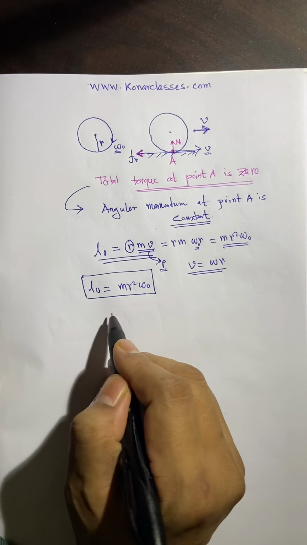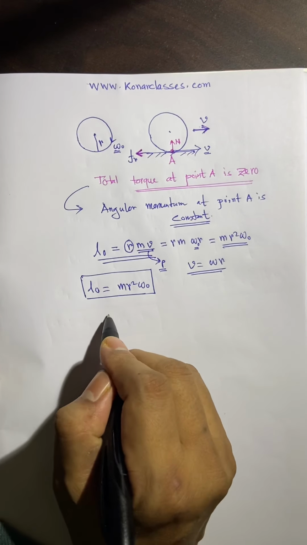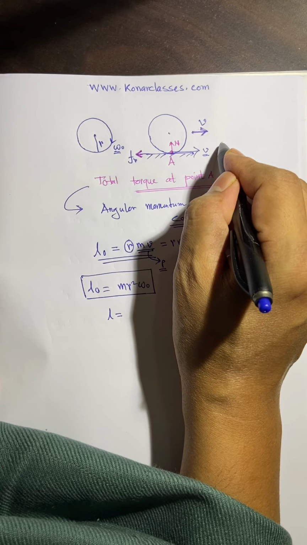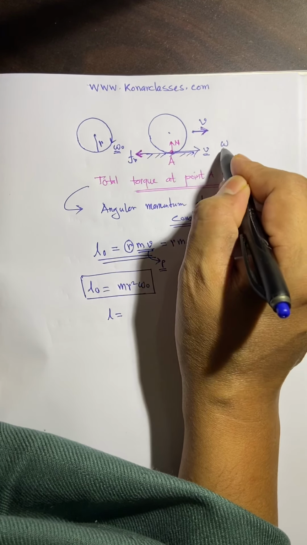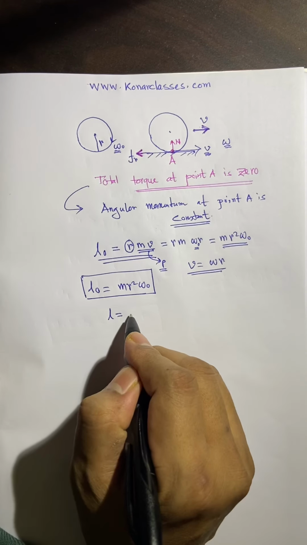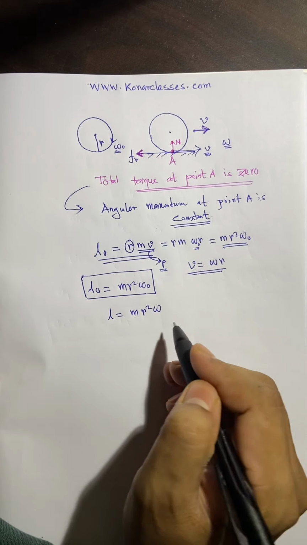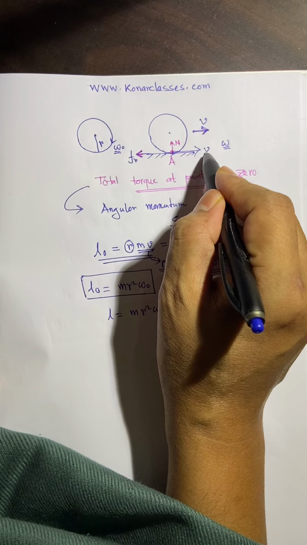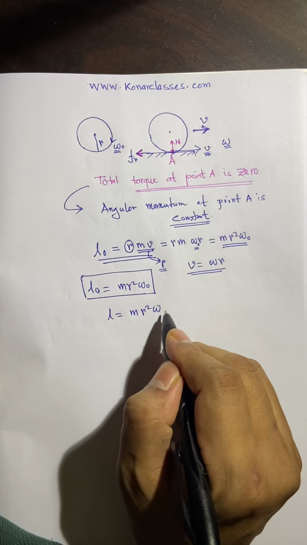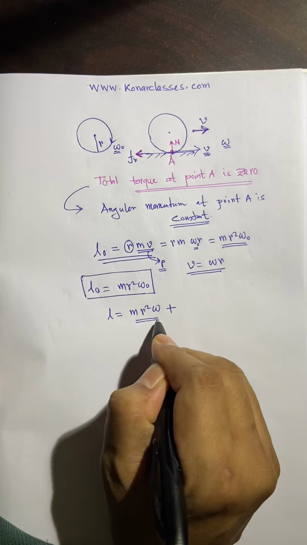At that time the angular momentum will be L, and if the linear velocity is v and angular velocity is omega, then the angular momentum L will be m r square omega.